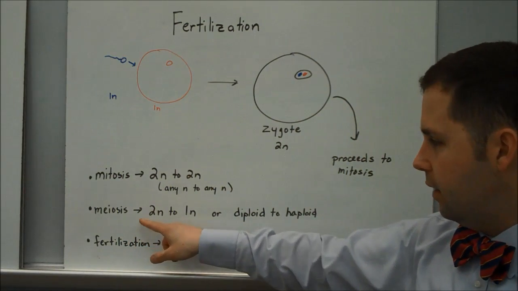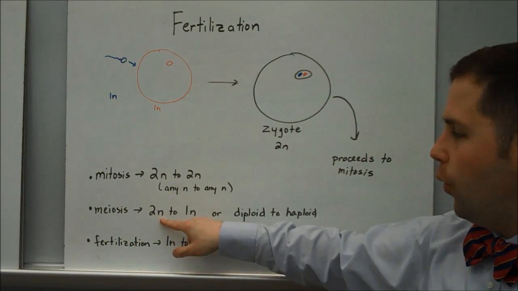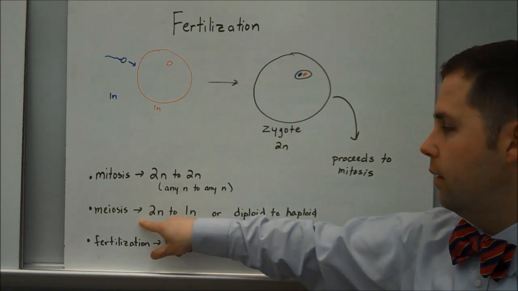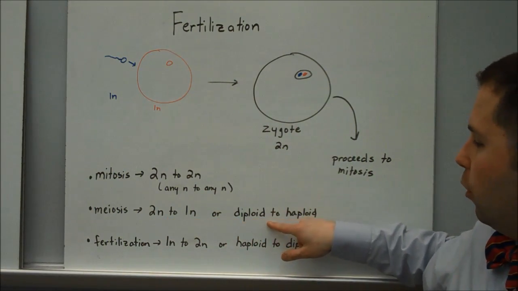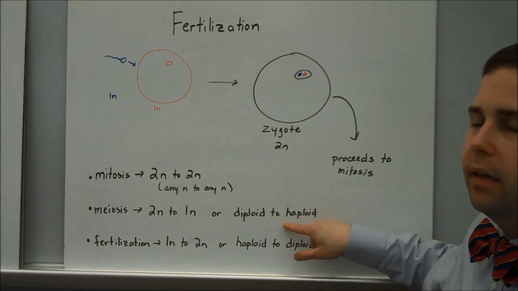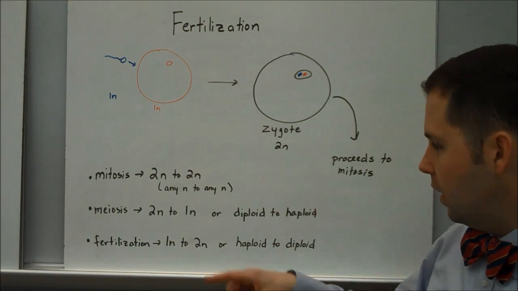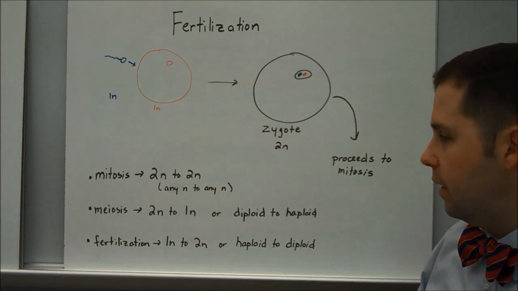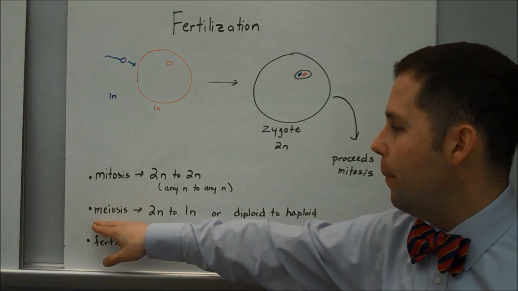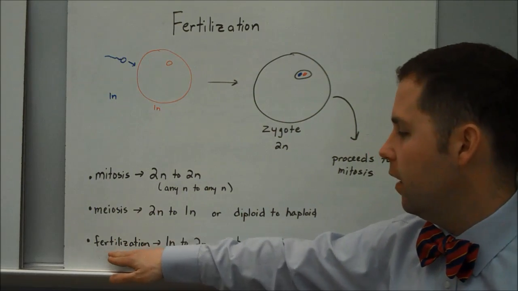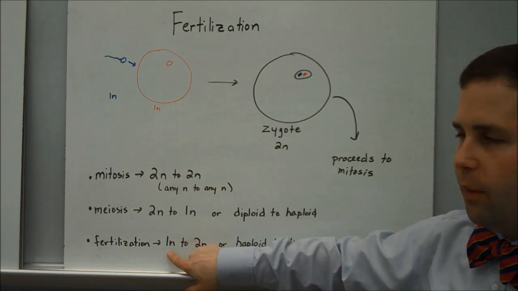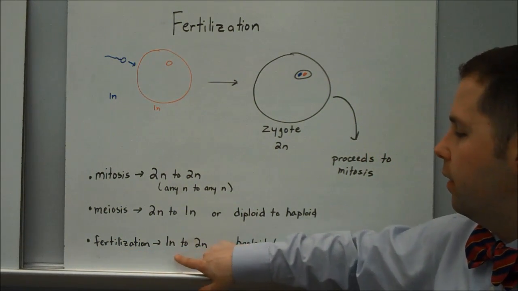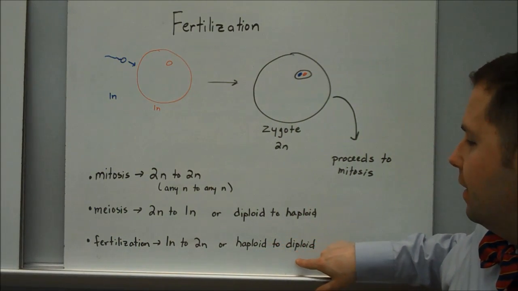Meiosis, on the other hand, is going to take us from 2N to 1N, or from diploid to haploid cells. The diploid cells are also known as somatic, and the haploid cells are known as gametes. And we'll follow up meiosis at some point with fertilization, which is going to take us from 1N back to 2N, or haploid back to diploid.